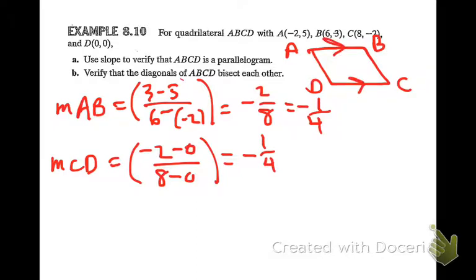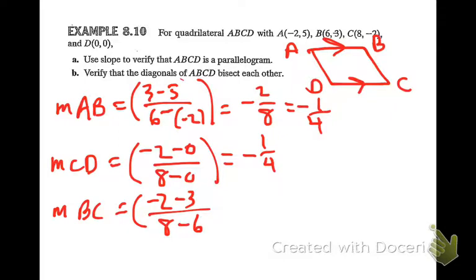Now let's test to see if BC and DA are parallel. So we do the slope of BC. It's going to be -2 minus 3 over 8 minus 6, which is equal to -5/2. And then we do M of DA.